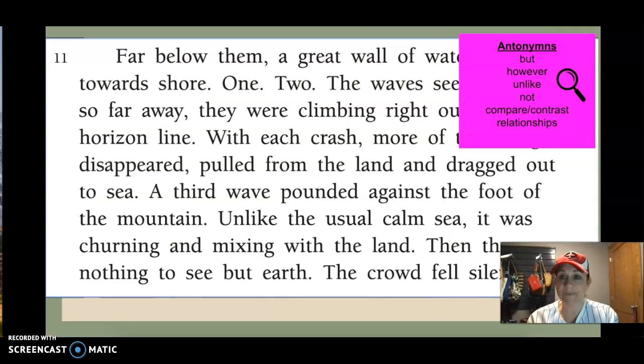Welcome back. Okay, so there's your word that you were looking for, churning. Now, this is the word you should have circled or highlighted or outlined or whatever it is that you did to find it. Unlike, that's the antonym.